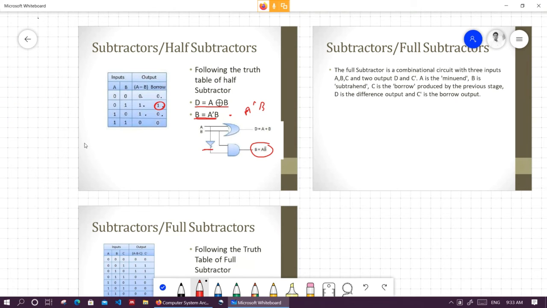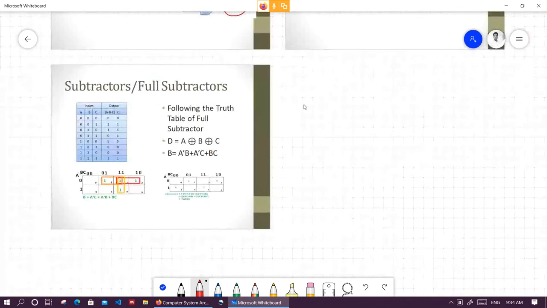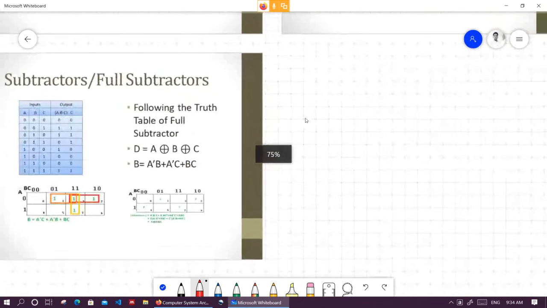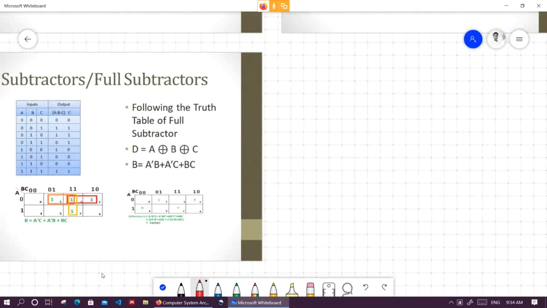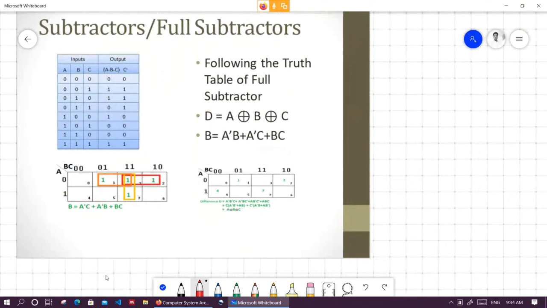Now coming to the full subtractor. In the case of full subtractor, we will have a borrow in. So let's see some subtraction.